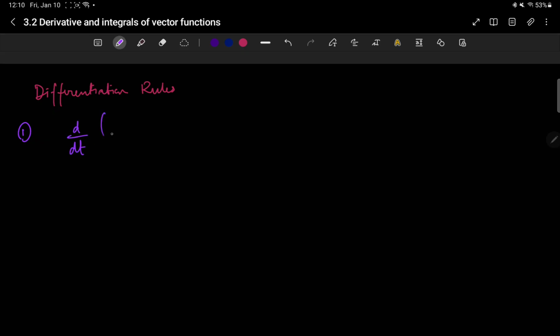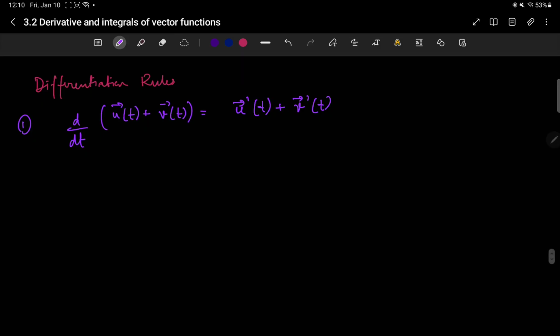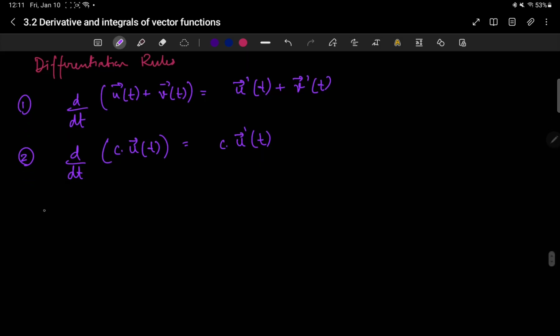The addition, as in one dimension, is simply the addition of the derivative vectors. So nothing strange happens over there. Next, if you have a constant multiplication, once again, nothing new, you can just pull the constant outside.